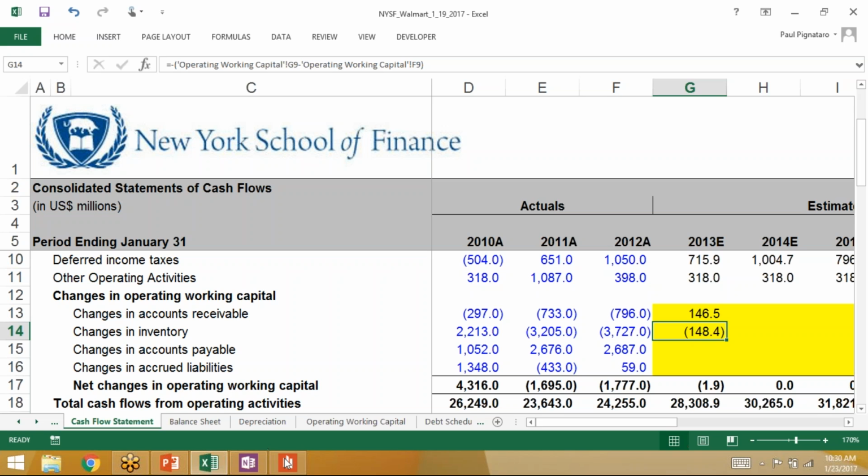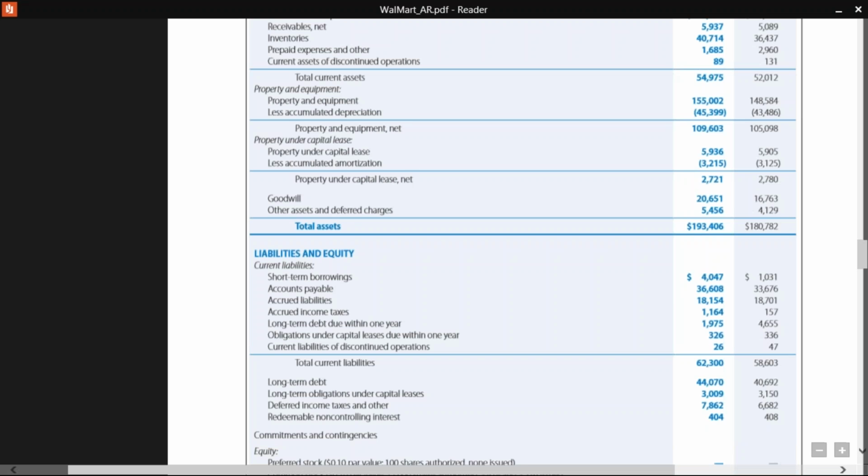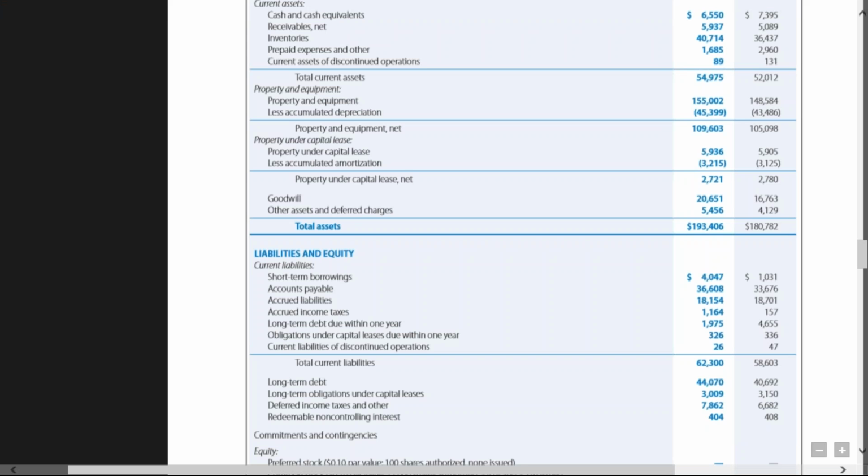This is something you will see very often: the line items you've identified for working capital do not match the line items you see in this section in the cash flow statement. There are a couple of reasons for that.